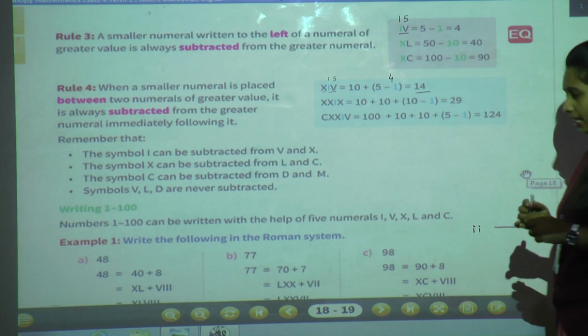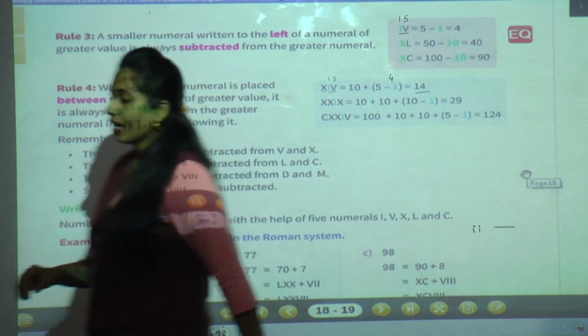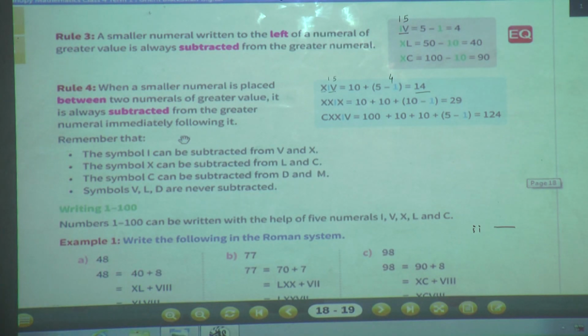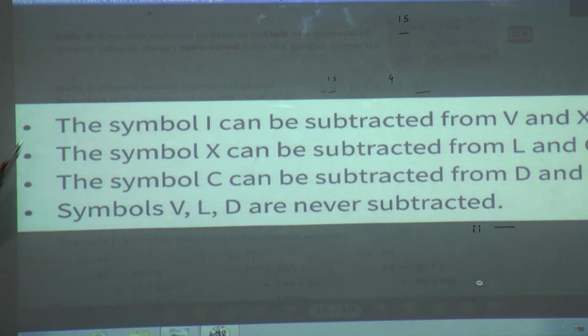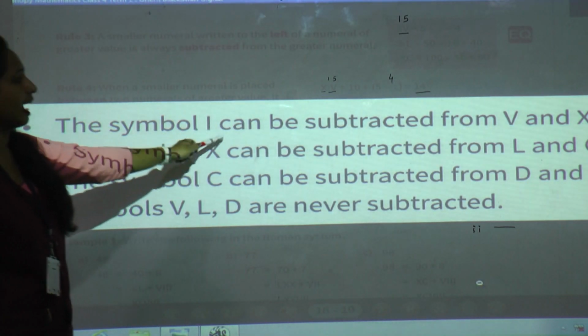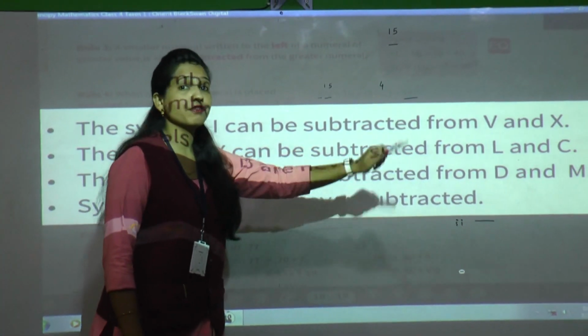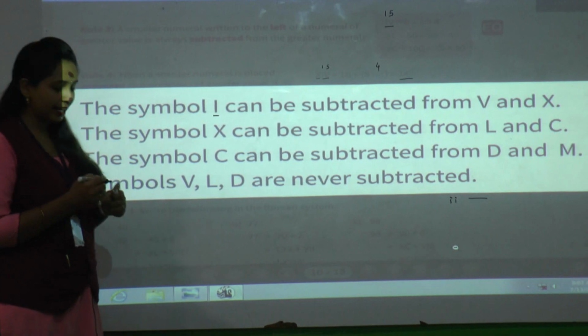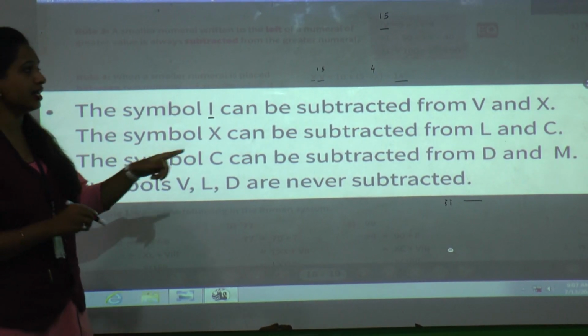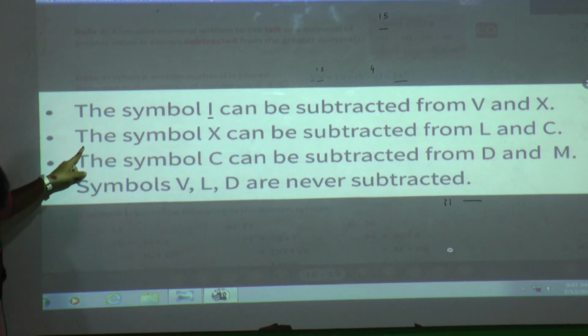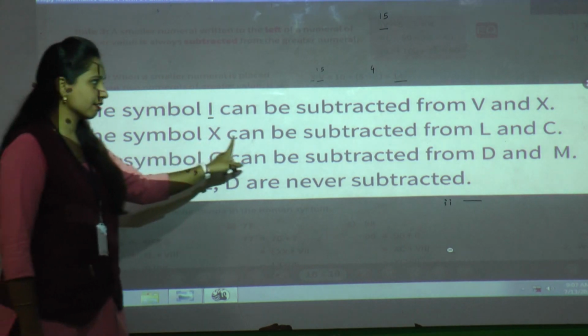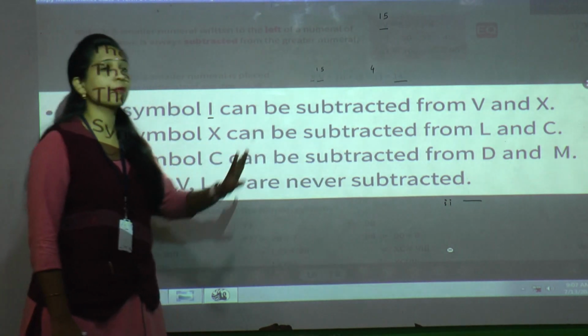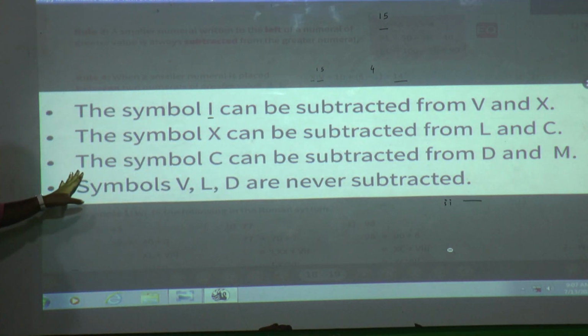Keep in your mind. Now, what you have to remember most? The symbol I can be subtracted from V and X. Keep in your mind. The symbol I can be subtracted from V and X. The next is the symbol X can be subtracted from L and C. Very important, you have to keep in your mind.